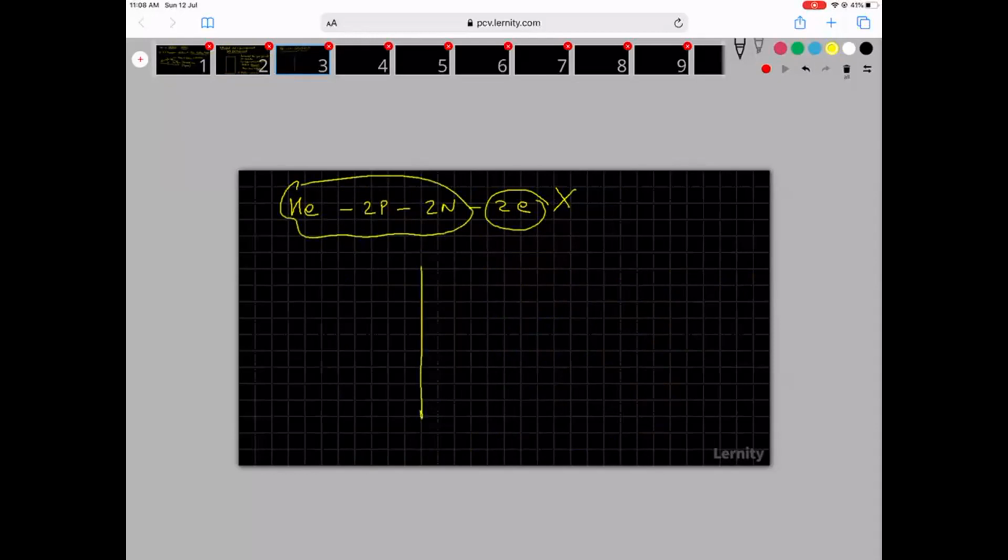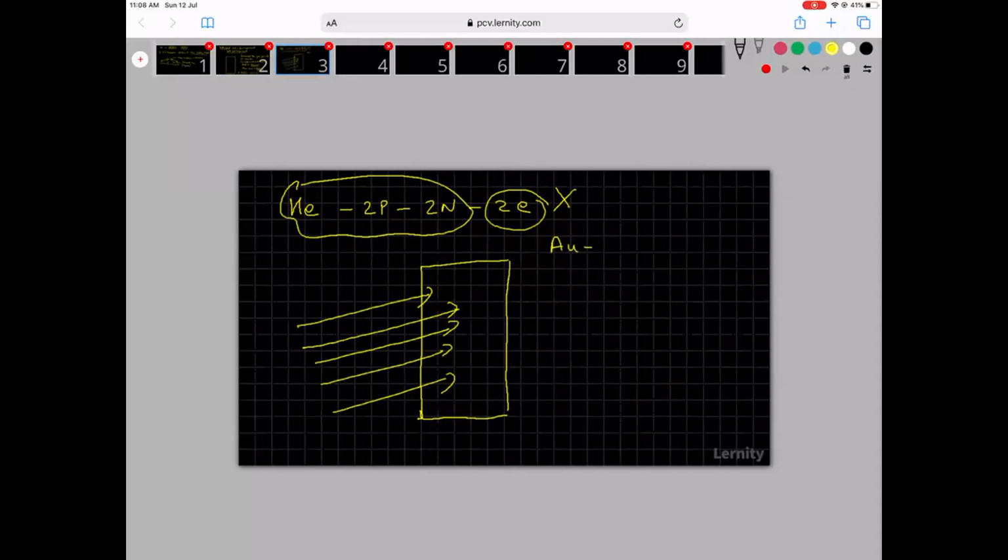So Rutherford took a gold foil, and he threw hundreds and thousands and millions of alpha particles at it. What was his idea? Because gold is highly malleable and ductile, it can be drawn into very thin sheets.